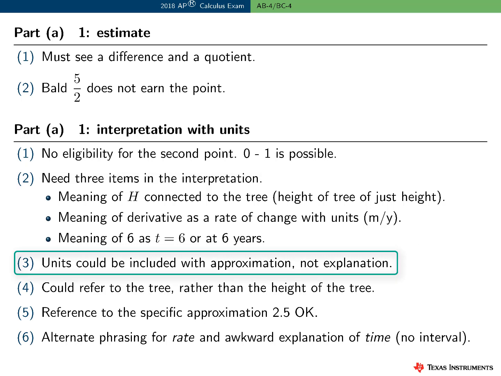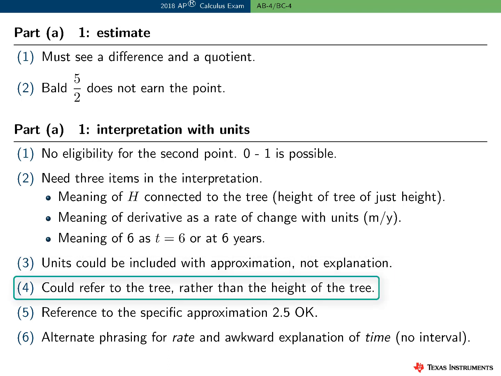The units here could be included or attached to the approximation for h prime of 6, that is, not included in the written or communicated explanation. Students could refer to the tree rather than the height of the tree.